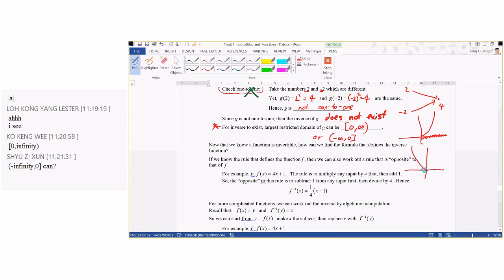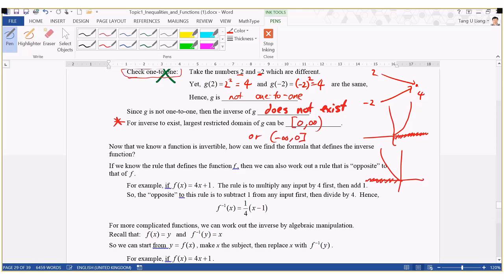Are there any questions? Let's take some questions first before we go on. What part you don't understand? The codomain is given to us.